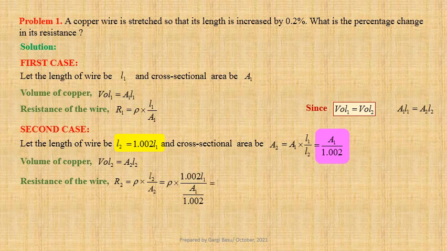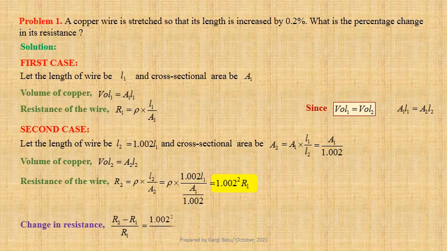That gives us 1.002 squared times R1. Change in resistance, R2 minus R1 divided by R1, equals 1.002 squared times R1 minus R1 divided by R1. That gives us 0.004 per unit or 0.4%.